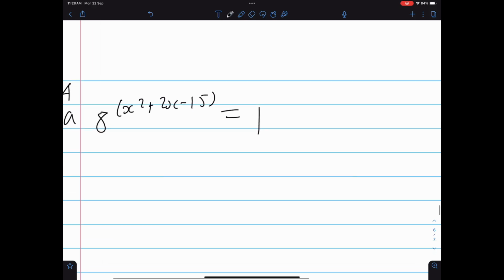And next we will do another form of a quadratic. Something like this. Now the problem with this is we've got both different bases and different powers.